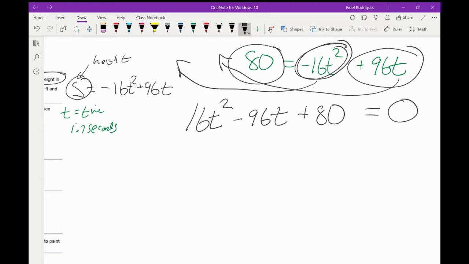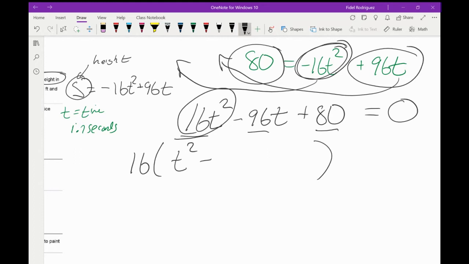Okay. So in doing this kind of problem, the first thing I want to see is if I can actually factor anything out of here. So what I'm going to do here, y'all, is factor out the number 16, because I think 16 will go into every one of those pieces. If I factor it out from here, I'm just left with a t squared.